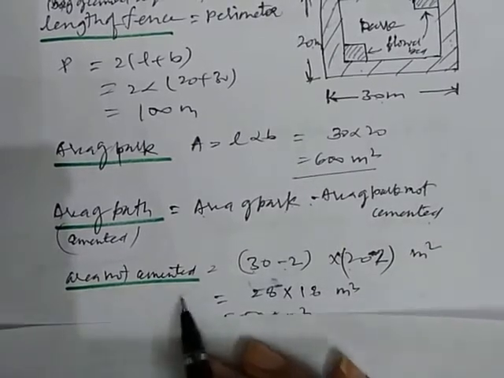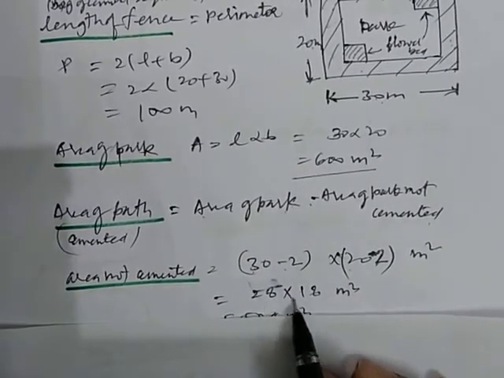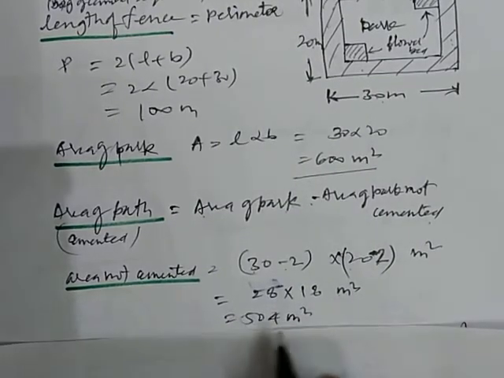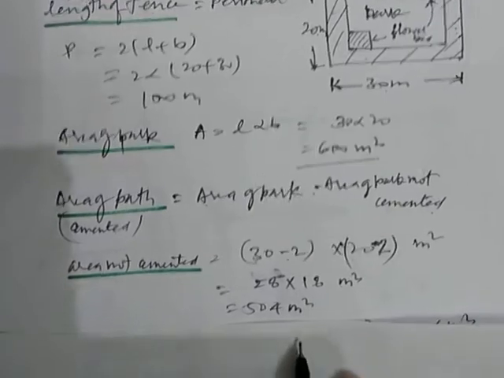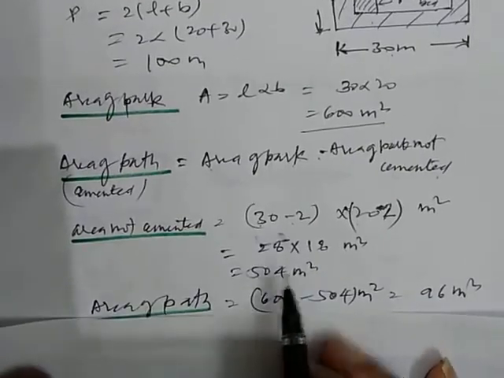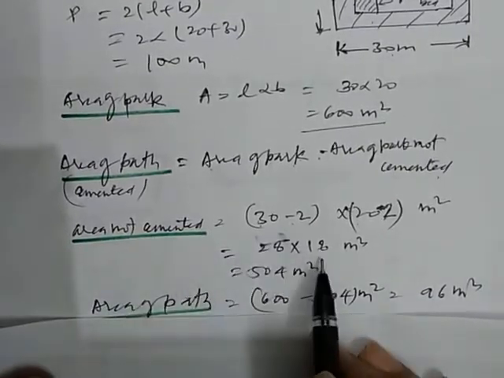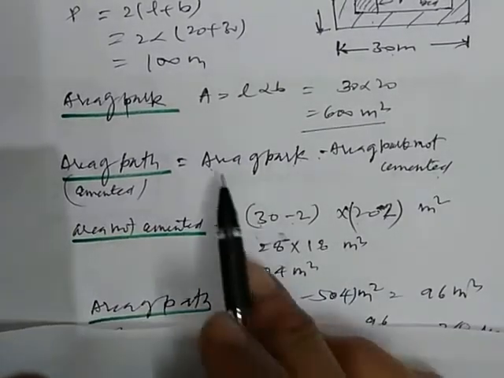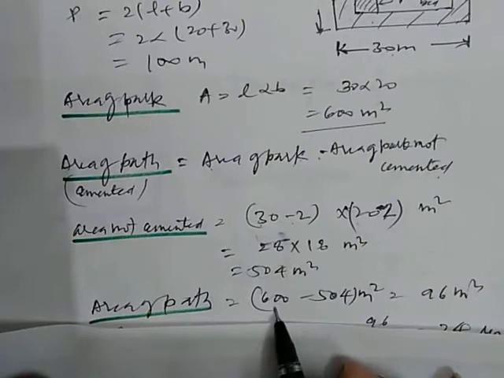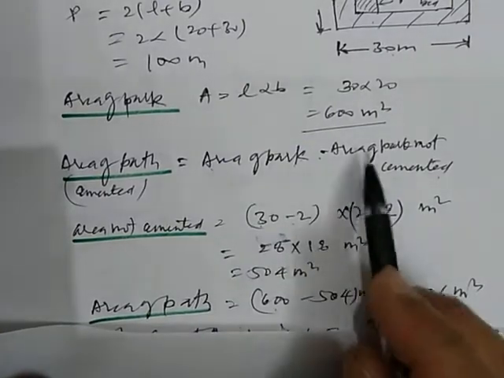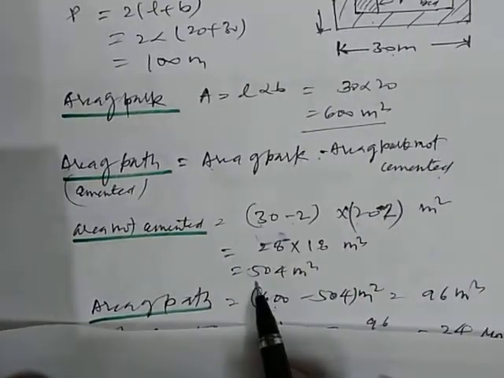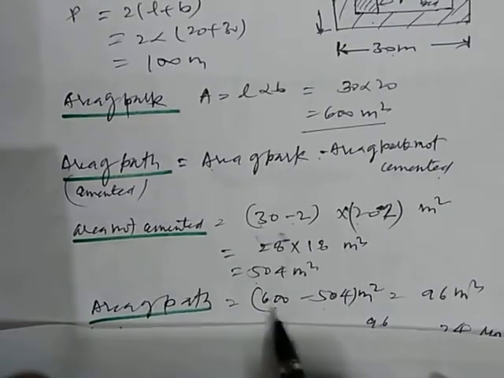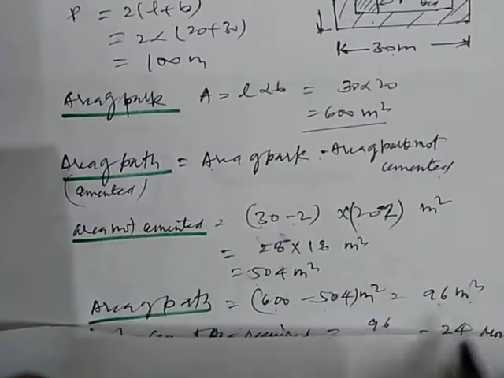So area not cemented is 28 into 18 meter square, which comes to 504 meter square. So the area of path is area of park, that is 600, minus area of park not cemented, 504. By subtracting this we get 96 meter square.